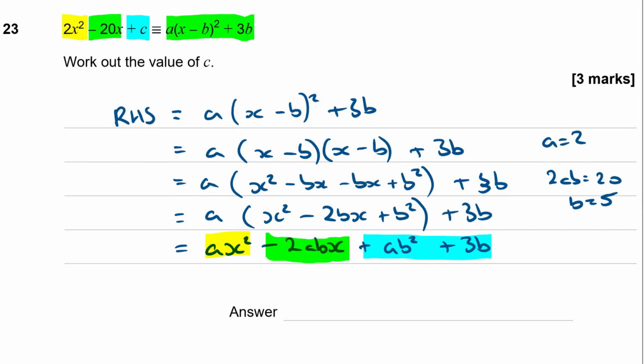And I know finally that ab squared plus 3b must be the same thing as c. So c equals ab squared plus 3b, which is 2 lots of 5 squared plus 3 lots of 5, meaning that c is equal to 50 plus 15. So c is equal to 65.